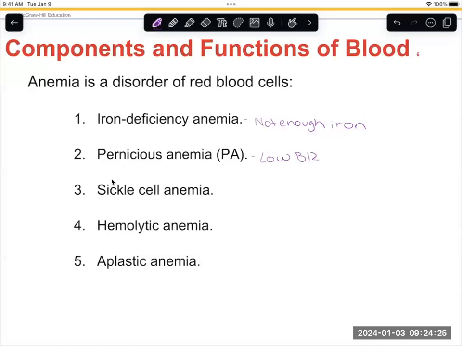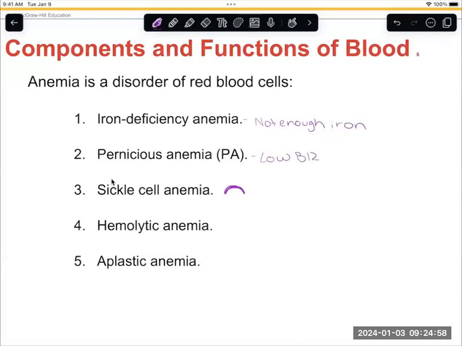What happens to these red blood cells is they cause this sickle or this C or curved kind of shape. It's more commonly found in African Americans and some Mediterranean people, but it has to do with the production of abnormal hemoglobin that causes these cells to kind of sickle.